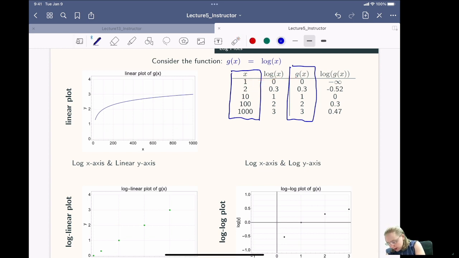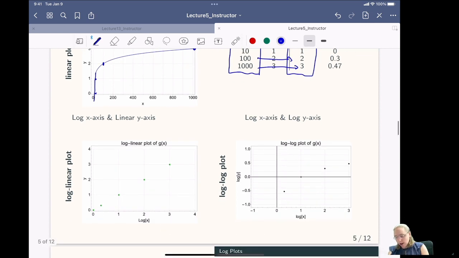So 1 goes to 0, 2 goes to 0.3, 10 goes to 1, 100 goes to 2, 1,000 goes to 3. So this curves down very sharply. There's this vertical asymptote where the log axis goes really steep, right?